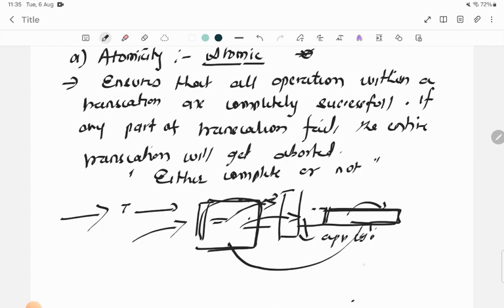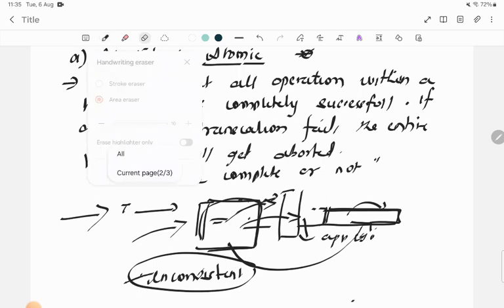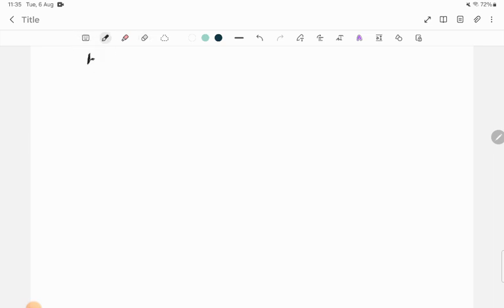Okay, so if this happens, this means that we are in an inconsistent state. So this inconsistency is a very bad thing in DBMS. It should not happen. Okay, so let's talk about consistency in our next term, that is property number B, which is known as consistency.